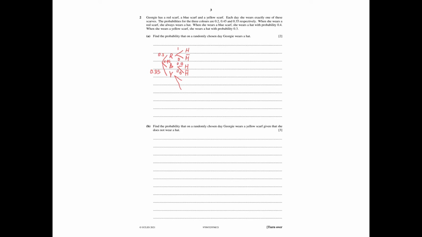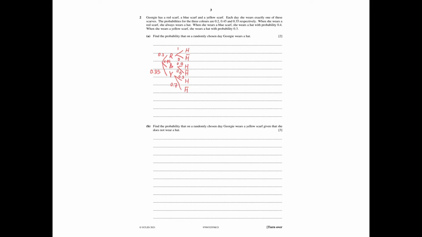Okay, so let's continue the questions. When she wears a yellow scarf, she wears a hat with probability 0.3. So we finish up our tree diagram. Hat 0.3, no hat 0.7.